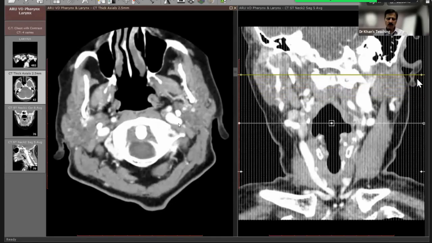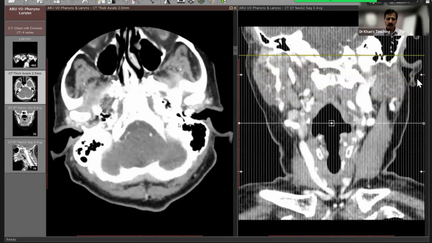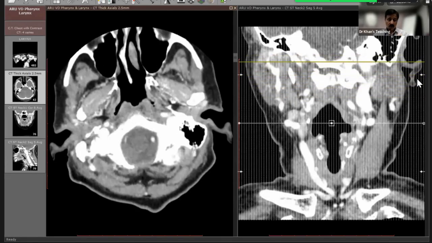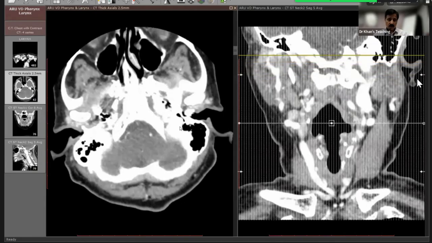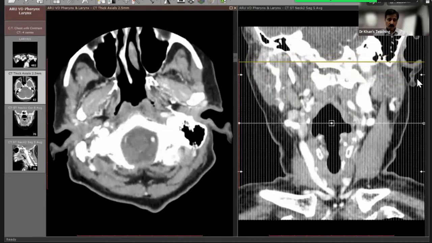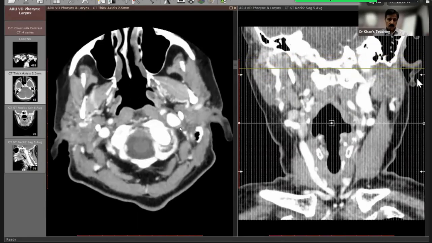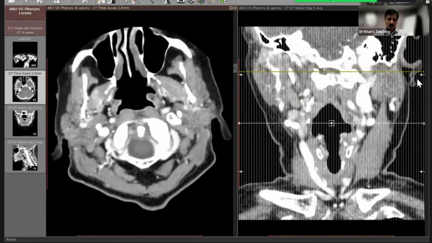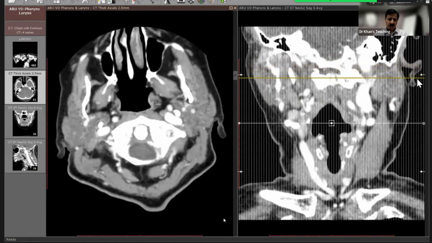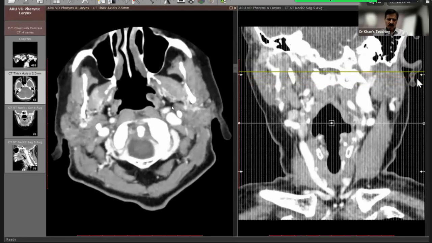So now if you see here, we are looking for fat here, right? Now, as far as fat is concerned, you can see that there is fat here where I am pointing out.